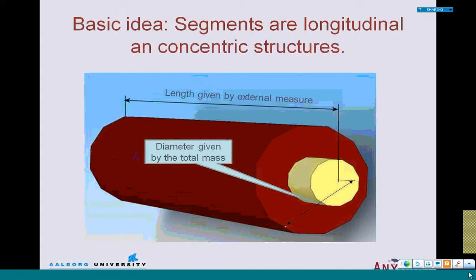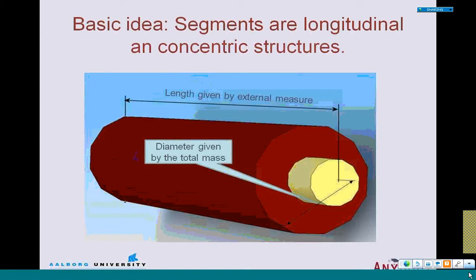So if we have an idea of the total length and the total mass of the segment, we can also compute what the total diameter would be. And since we have divided the segment into different types of tissue, a bone in the middle and some soft tissue around it, then by doing that diameter scaling, we will also be able to make an assessment of how much muscle mass will be available in the segment afterwards.